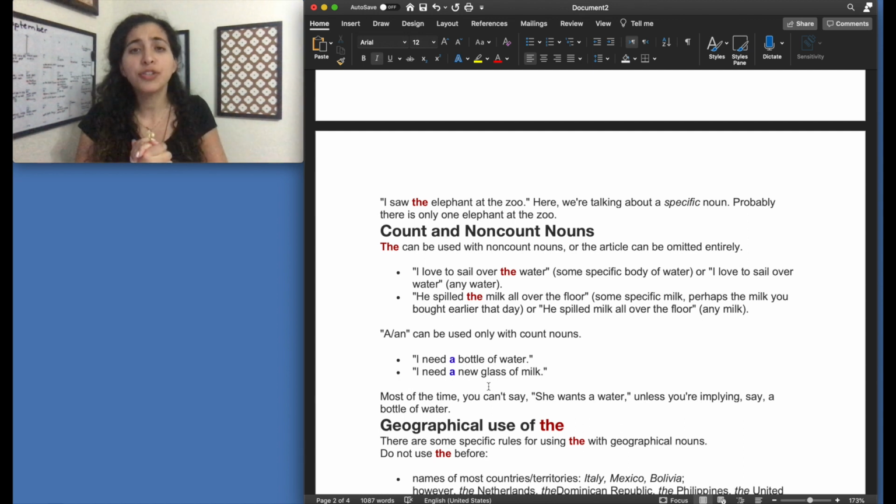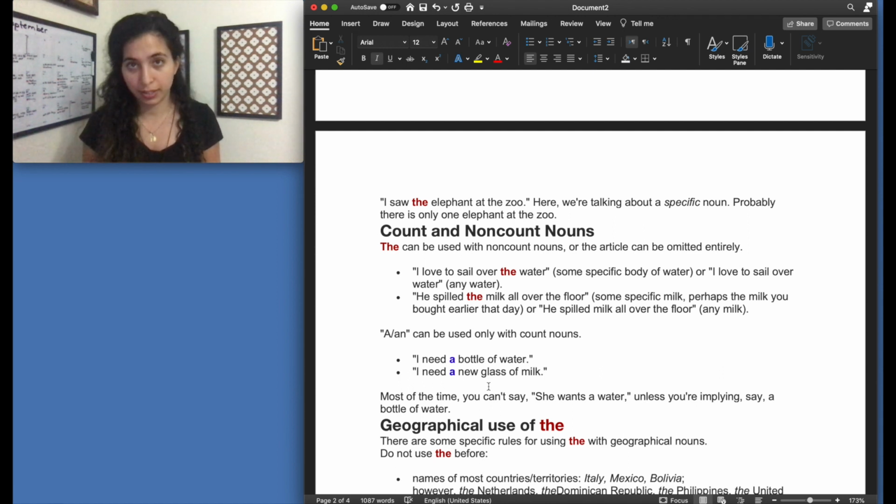So the can also be used with count nouns and non-count nouns. So remember that count nouns are the ones that you can count, like book, books, okay? Boxes, pen, pens, pencil, pencils, okay? We can count them. Non-count nouns are things like water or education, things that you cannot add to. They're just one unit, all right? So the could be used with either one.